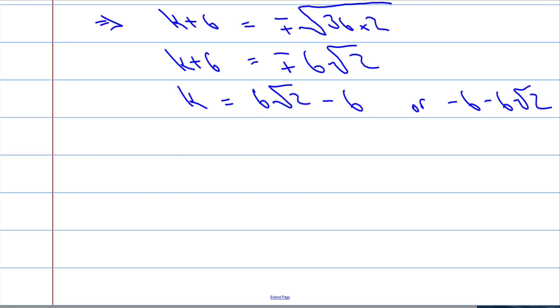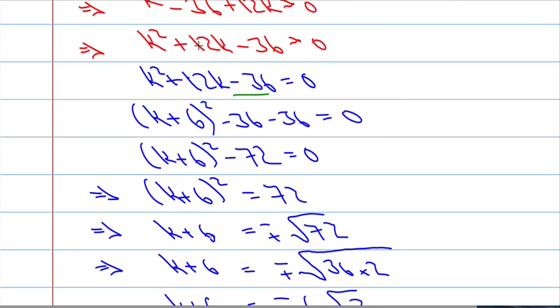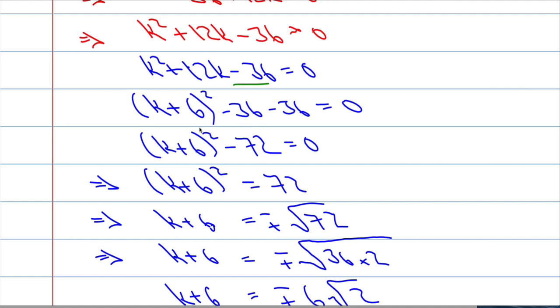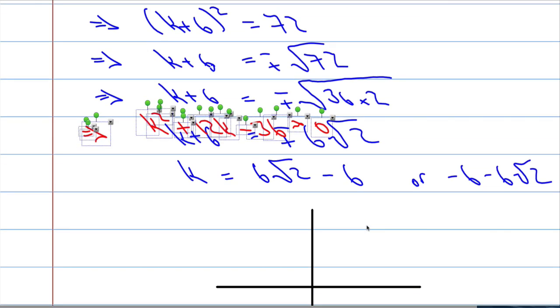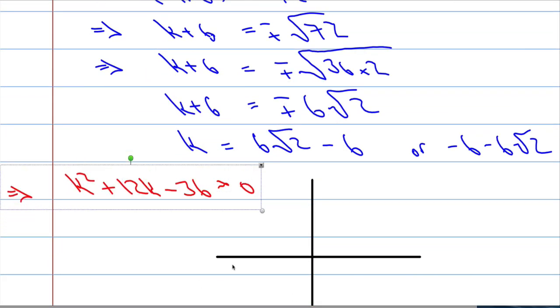Let's see if we can finally finish it off. So I'm going to start by sketching the graph just to see what values of k I'm going to use. Let's go back up to my original quadratic, which is here. k squared plus 12k subtract 36 greater than 0. In fact, let me copy that part down. So that was the original quadratic.